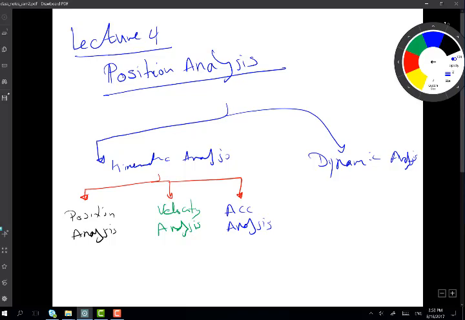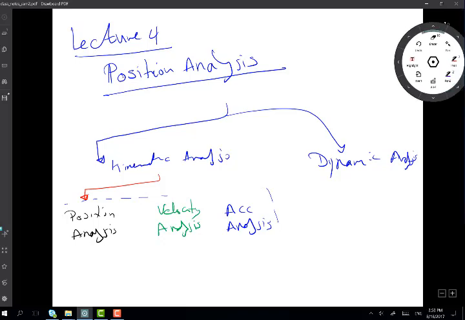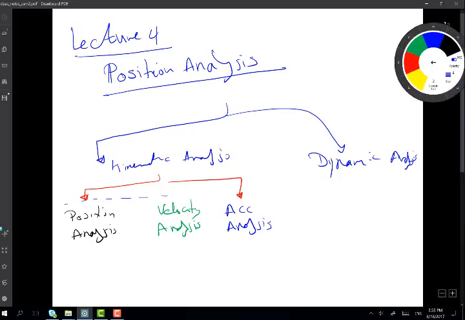Those three together are referred to as the kinematic analysis.